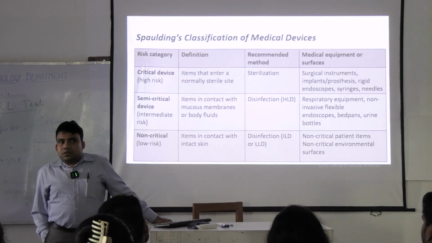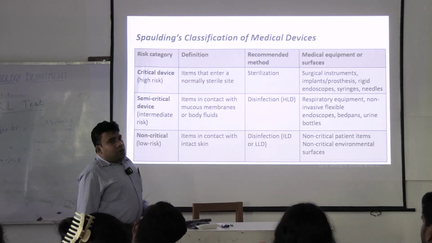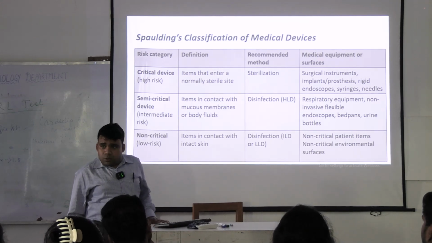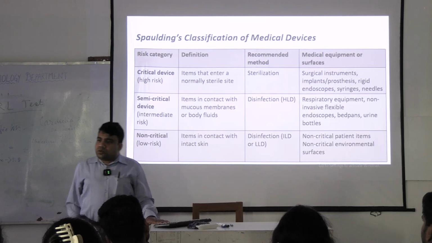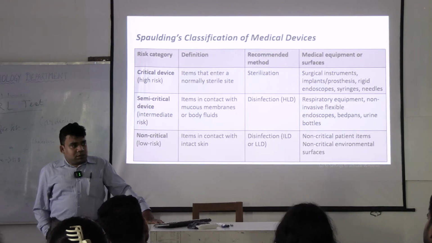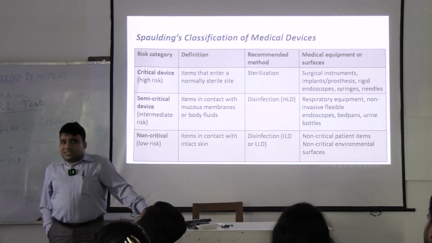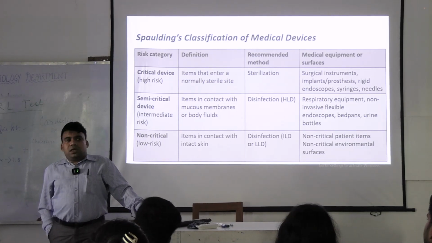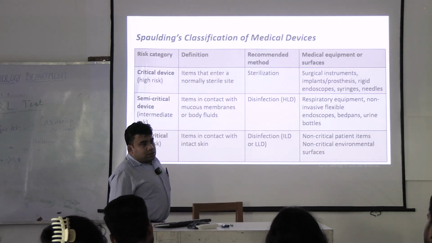Because during the service of healthcare, we are dealing with a lot of devices which come in contact with human bodies. Some devices are placed in situ, that means within the human body. Some devices come in contact with skin and mucous membrane, and some devices only come in contact for a very short period of time.